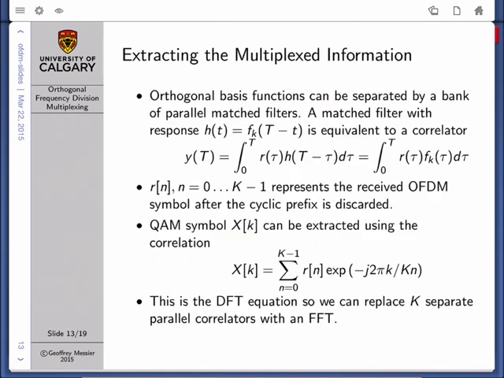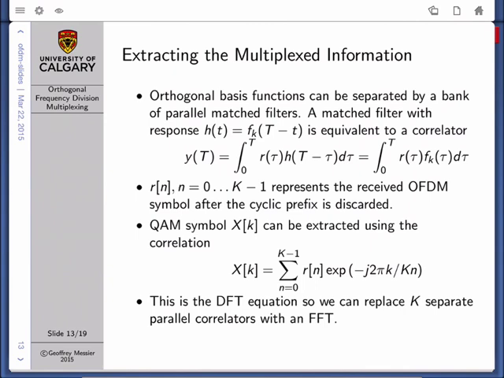So in the transmitter, we can generate our transmitted OFDM symbol by adding a bunch of orthogonal sinusoids together using the inverse FFT operation. But what about the receiver? Well, we know from our study of modulation schemes that orthogonal basis functions can be separated by a bank of parallel matched filters.